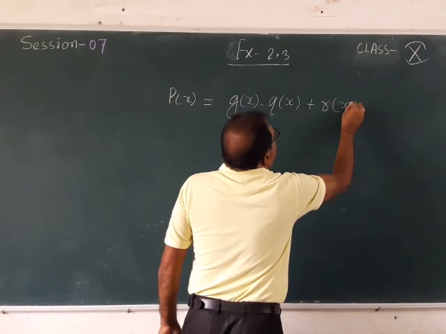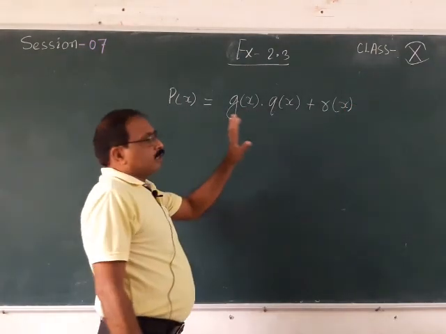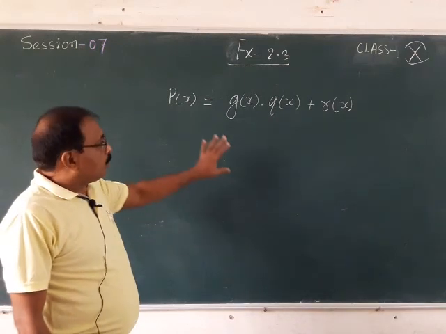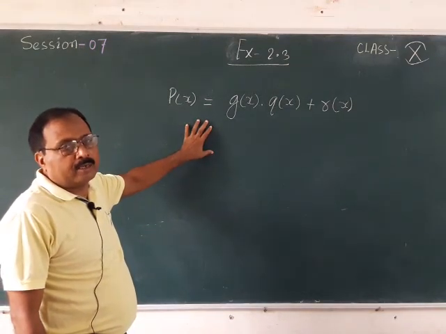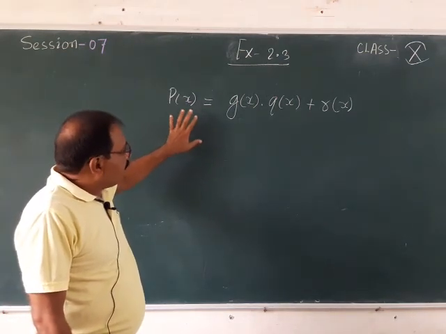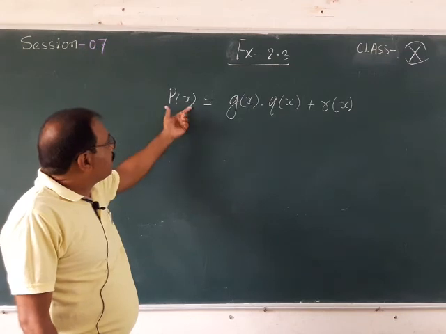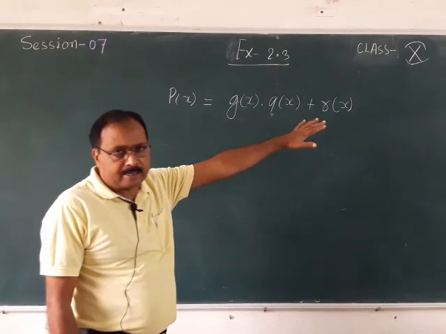This is called the division algorithm. By that you are verifying your division work. In simple words, dividend equals divisor into quotient plus remainder.